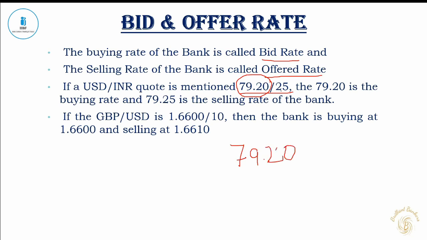This 25 is the rate at which the bank is ready to sell. That is 79 rupees 25 paise. The bank is ready to sell the currency at 79 rupees 25 paise. It is the same if the Great Britain pound to US dollar is 1.6600 and 10, then the bank is ready to buy at 1.6600, whereas the bank is ready to sell at 1.6610.